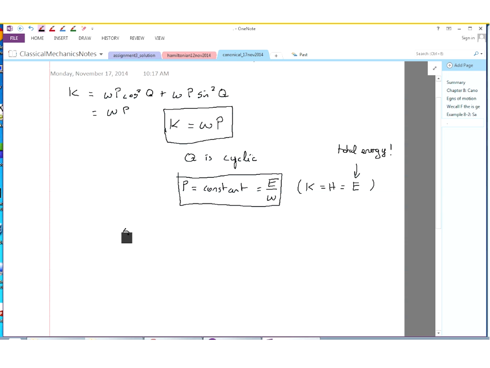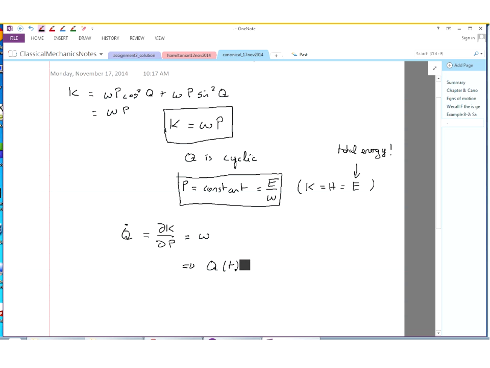And then using the canonical equations, Q dot is dK by dP. And so that's equal to omega, right? So that's also trivial to solve.